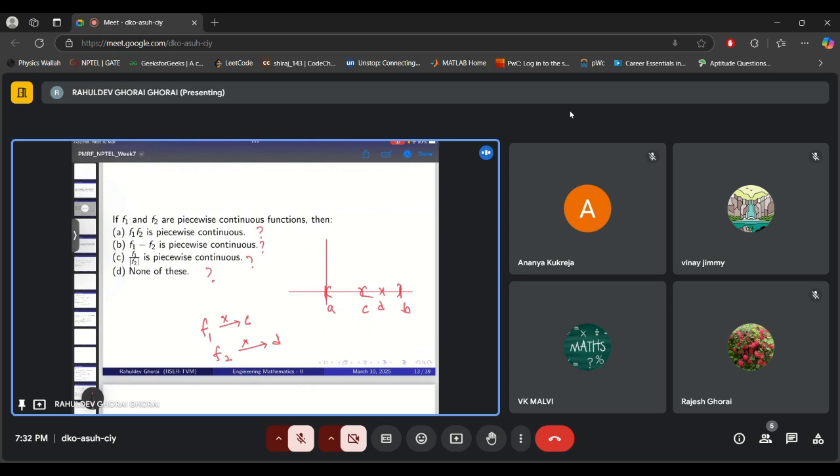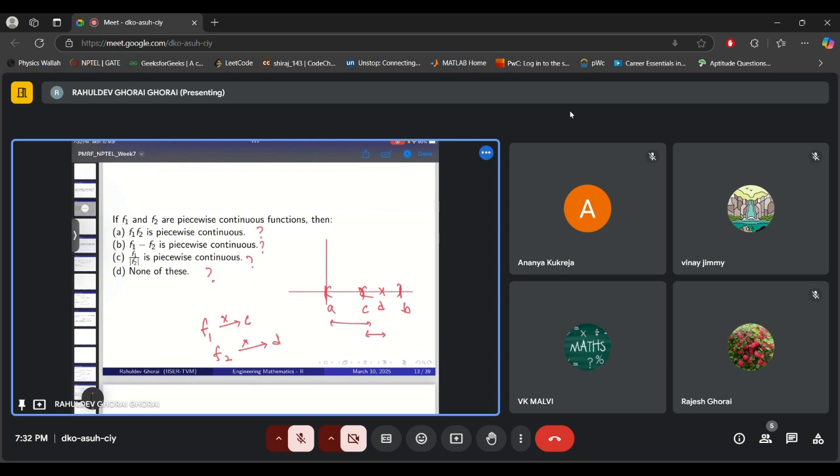Then if you take the product, let's talk about the product in a to c first. In a to c both are continuous functions, because piecewise continuity implies continuity in each interval under consideration. So a to c will be continuous. That is not a problem. Let's say c to d; I'll not take c to b, because in c to b the product may or may not be continuous, since the discontinuity point d lies inside c to b.